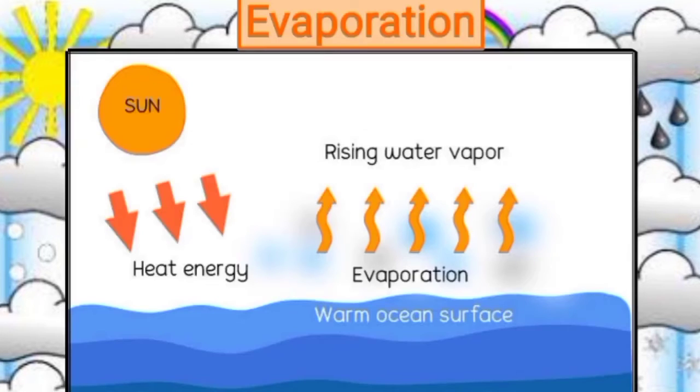As you know, more than 70% of the earth's surface is covered with water, and water exists in nature as snow, liquid water and water vapor, and these states are interchangeable. So let's understand what is evaporation. The heat of the sun changes water into water vapor by a process which is called evaporation.